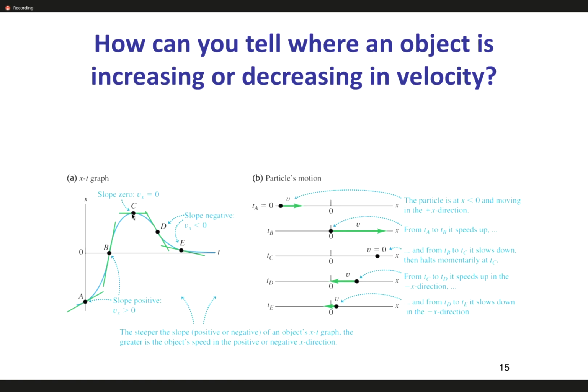So that means that your velocity is 0. If your derivative is positive, so the slope of your tangent line is positive, that means that your velocity is greater than 0. If the slope is negative, meaning that your derivative is negative, that means that the velocity is going to be less than 0.